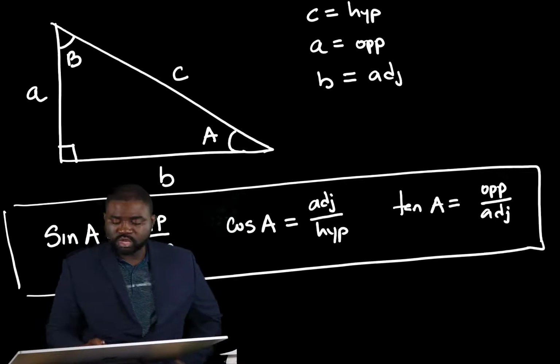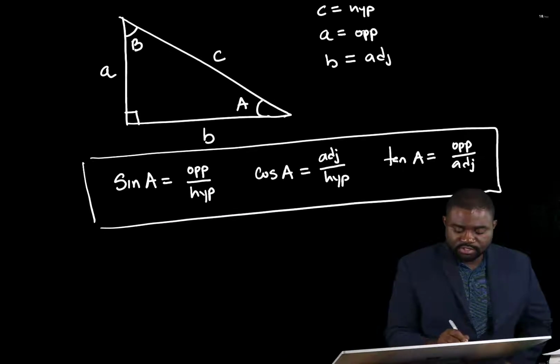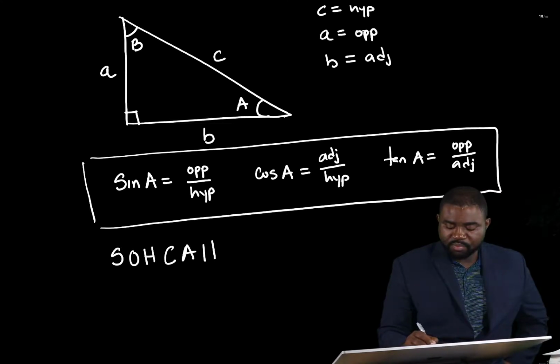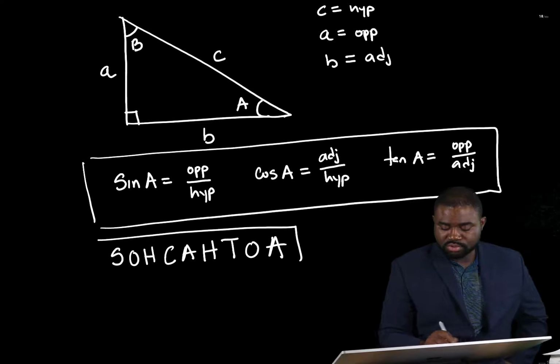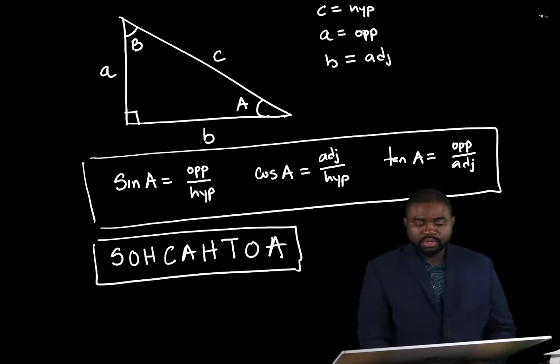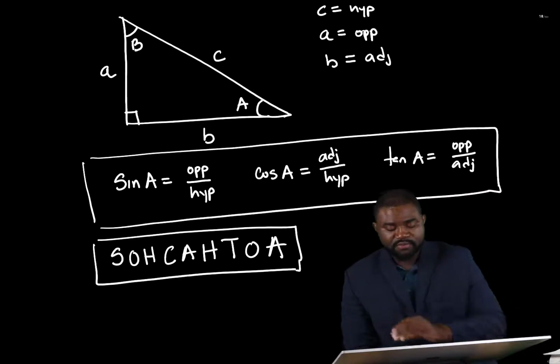The simplest way of remembering this is: sine, opposite over the hypotenuse; cosine, adjacent over the hypotenuse; tan, opposite over the adjacent. This we call SOHCAHTOA. If you can remember SOHCAHTOA, then you will be able to remember this.